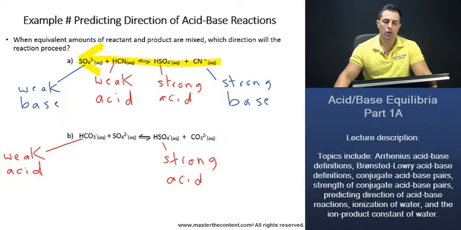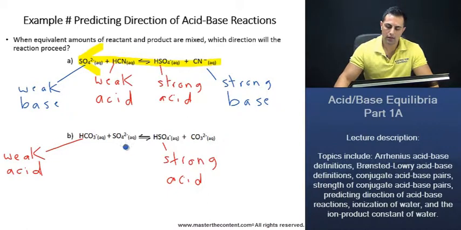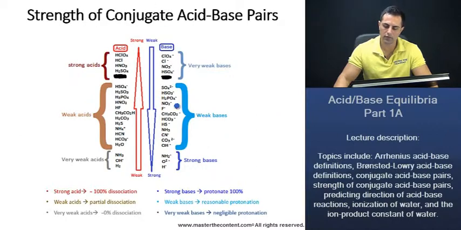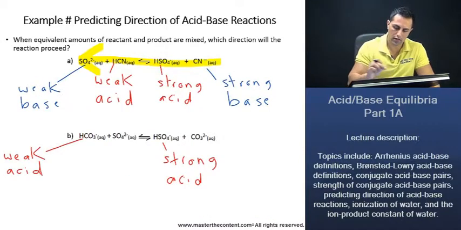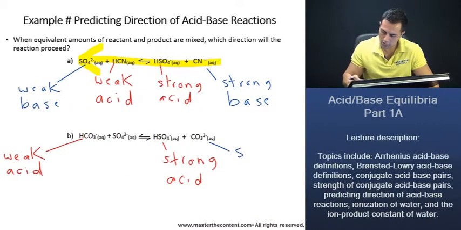Now we can do the exact same and check, for sulfate and carbonate, which one of these is the stronger base. Let's go back and check that out. We see here that our carbonate is all the way down here and our sulfate is up here. Therefore, our carbonate is the stronger base. Let's go ahead and label that.